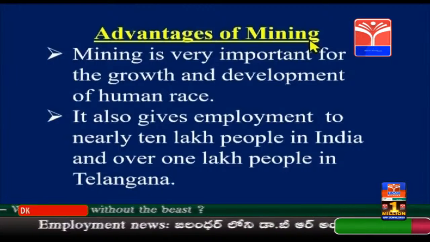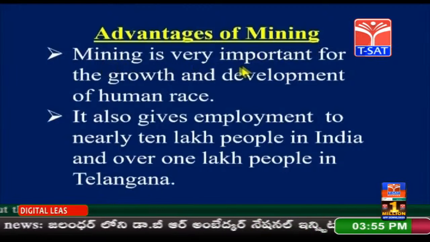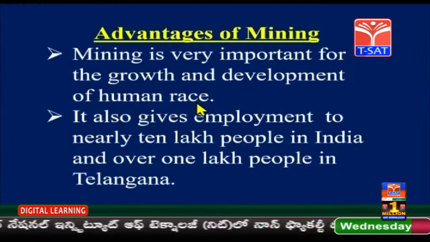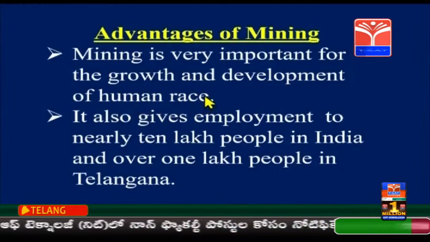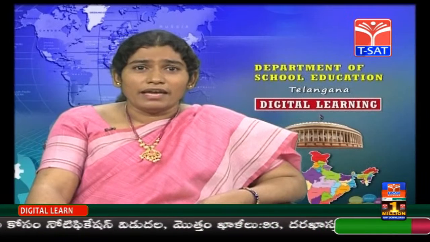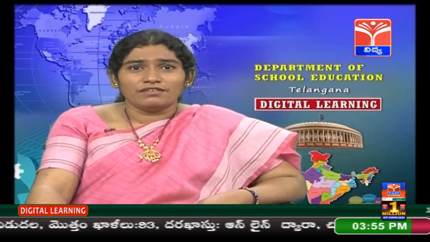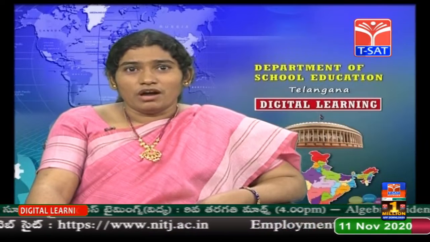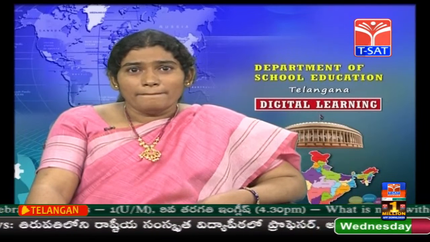Advantages of mining. Mining is very important for the growth and development of the human race. Imagine life without minerals. We have so many minerals around us. We have iron, copper, silver, gold, mica, limestone. And the transportation industry, which is the basis for development, also exists because of the minerals.